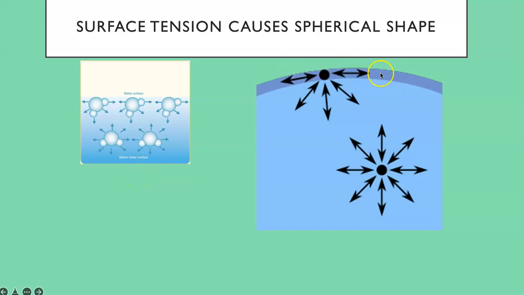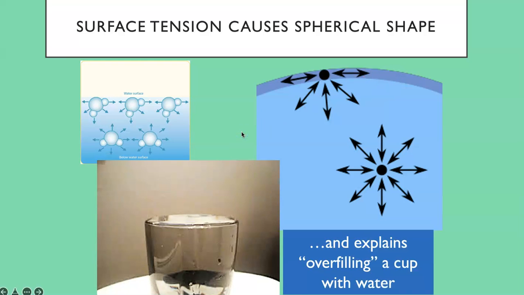But at the surface, there's an absence of force pulling in the direction towards the air. And so what happens is it makes these water molecules slightly stronger, and they pull on each other and they almost make a thin skin on the surface of water, which is why you can overfill a cup of water, because they're adding extra strength because of those hydrogen bonds.